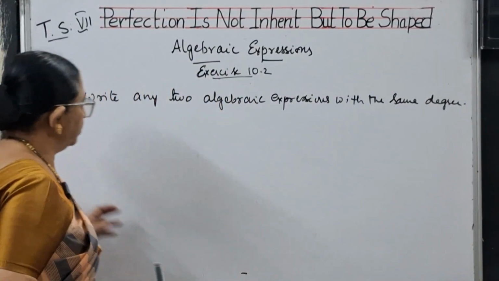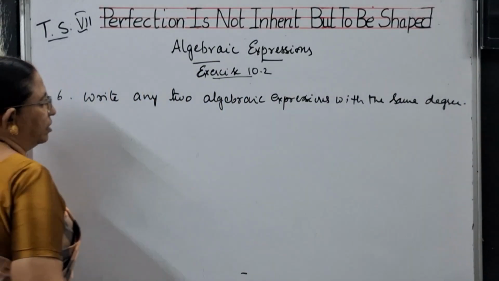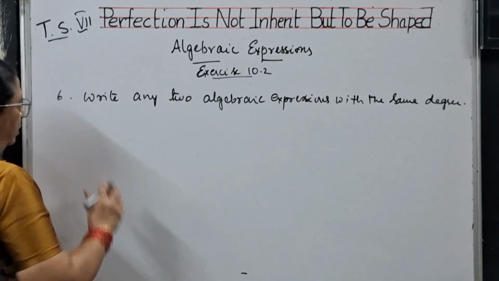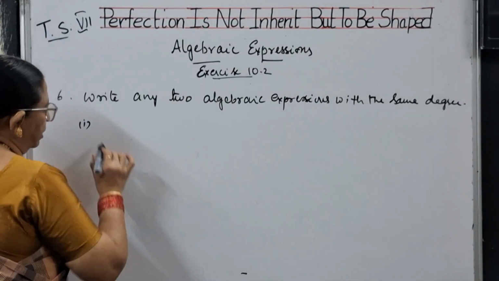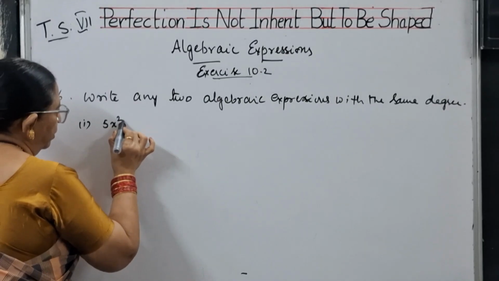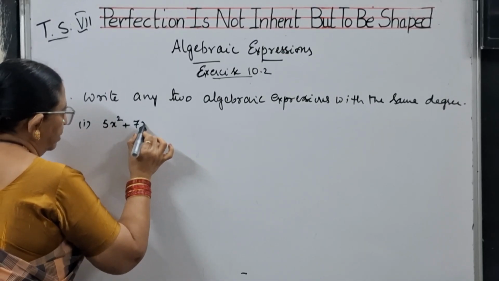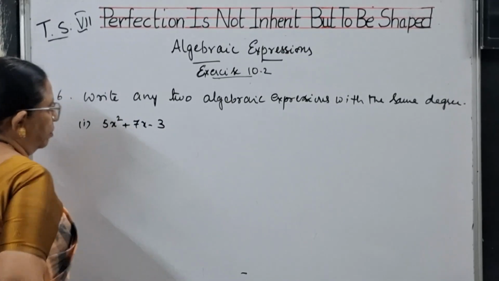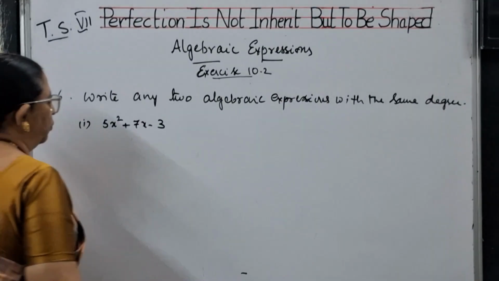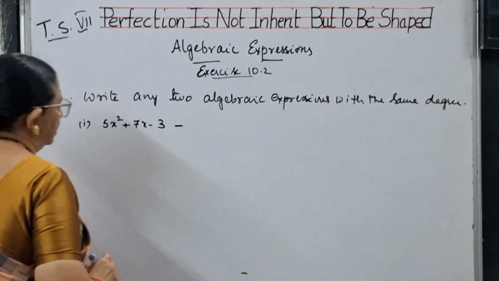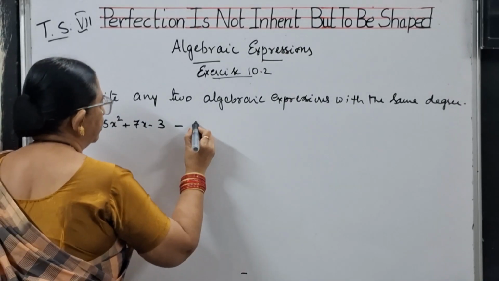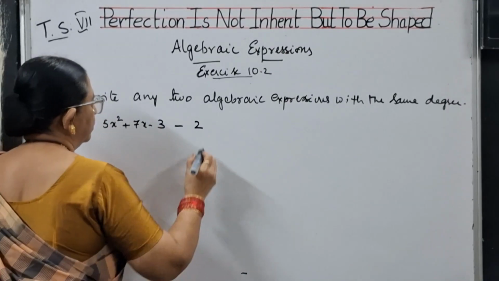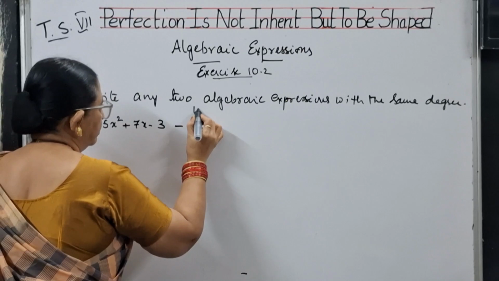Now, sixth problem, children. Write any two algebraic expressions with the same degree. So you have to write examples. The first one that I am taking is 5x square plus 7x minus 3. Suppose I have taken this, what is its degree?